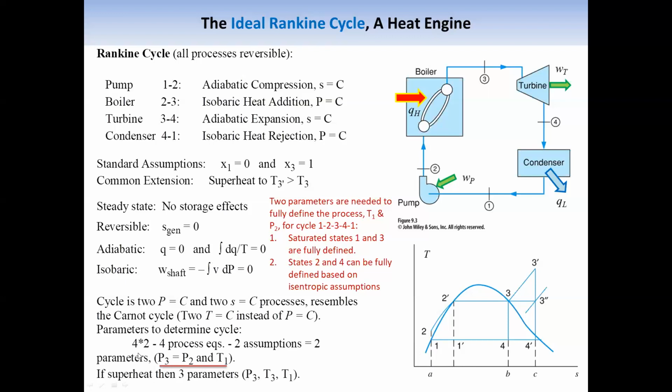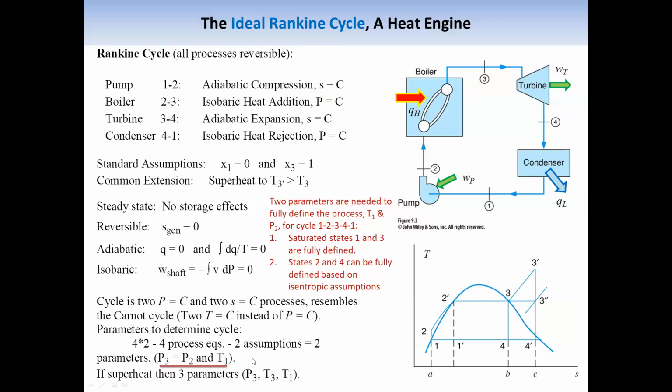So the fluid has 4 states, 1, 2, 3, 4. So there are 8 variables altogether we need to stipulate. However, we already identified 4 process equations. Adiabatic, that means Q equal to 0. Isobaric, constant pressure lines here and here.